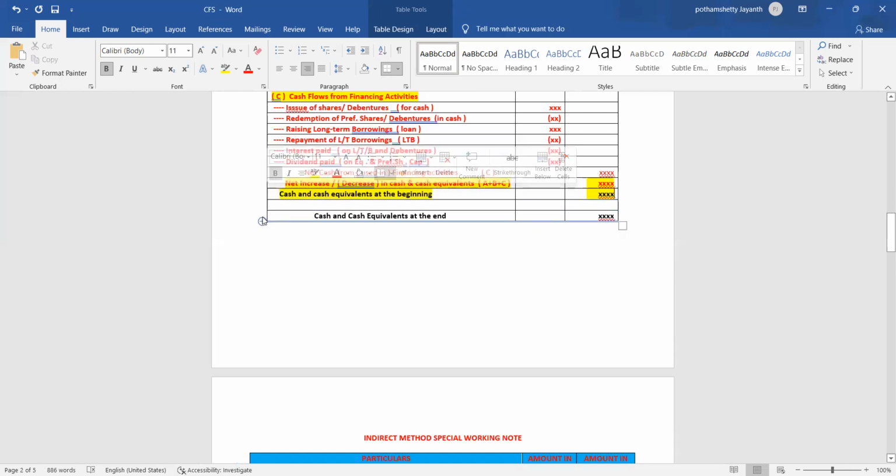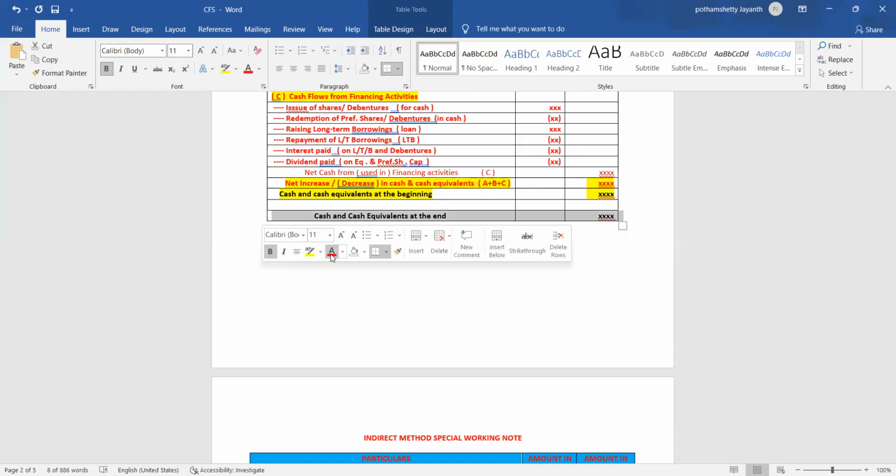Opening cash and cash equivalents means opening cash and bank balance, and finally the answer will be closing cash and bank balance. Two years of data will be given to you.